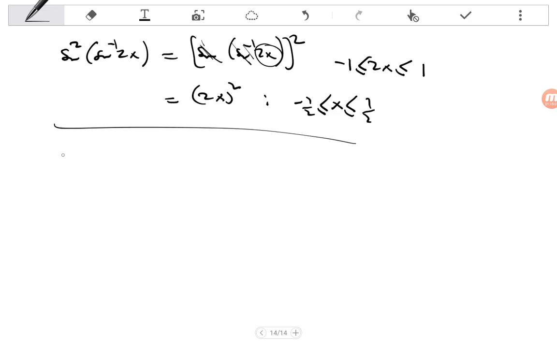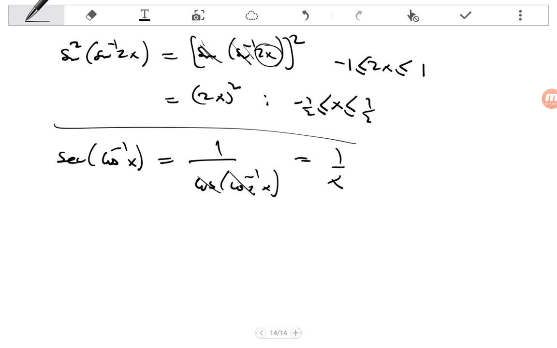Also, if I have the function sec of cosine inverse x, sec of cosine inverse x is 1 over cosine of cosine inverse x. For these two functions to cancel each other, I'll just have 1 over x.